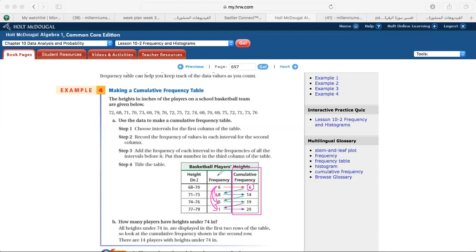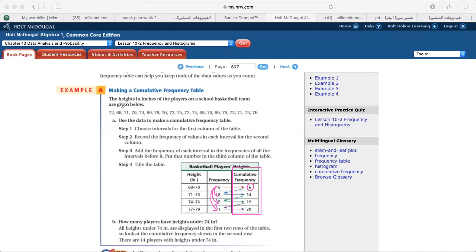And the height and the frequency here is exactly the same as making a frequency table. I am choosing intervals for the first column of the table. The intervals are maybe equal, like numbers near the first one.